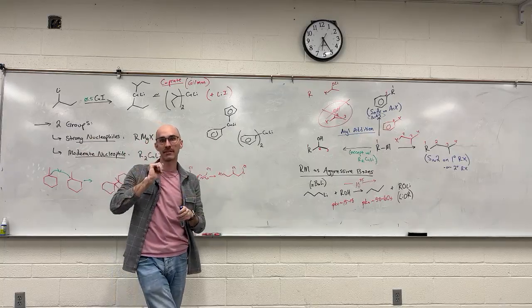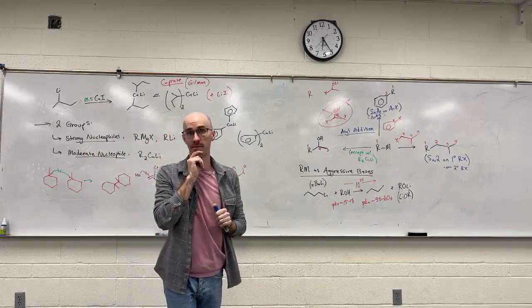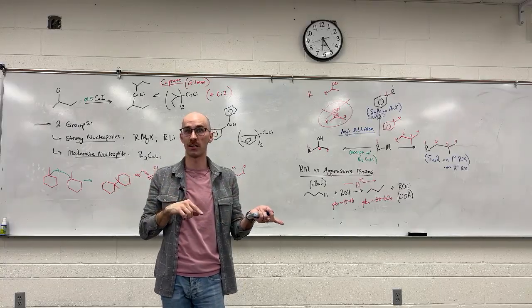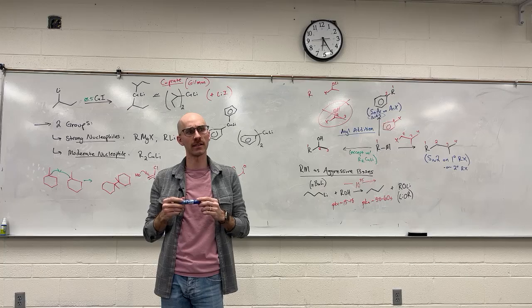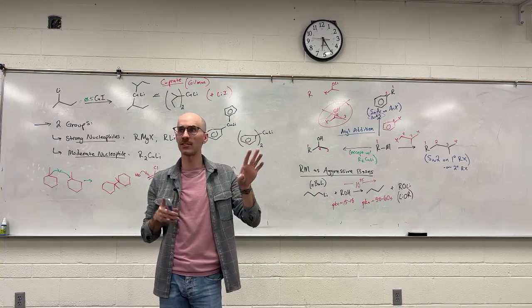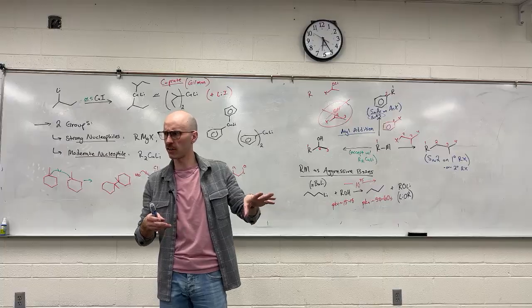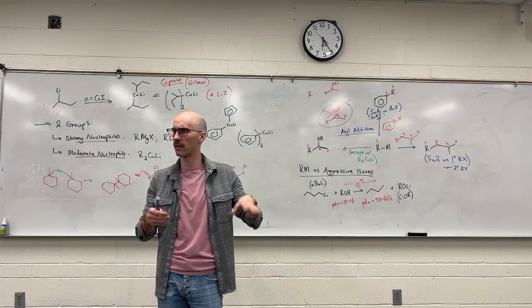But it doesn't have to be limited to the acid halide, because we also looked at acyl reduction back in our benzylic reactions. We had ketones and aldehydes, and we reduced them. And I think I called them acyl reduction, but maybe I didn't.